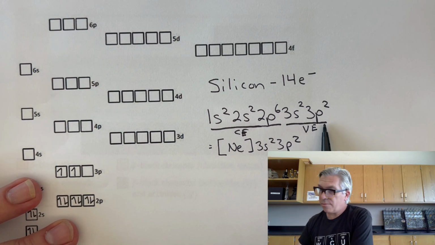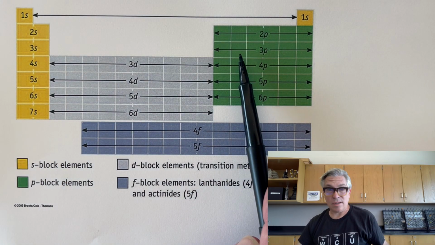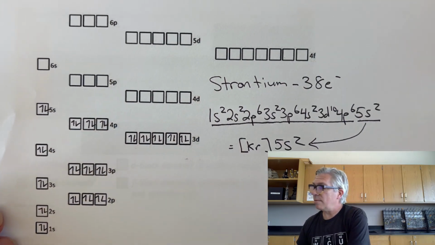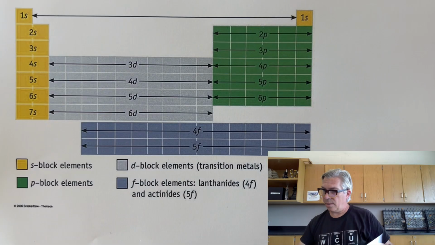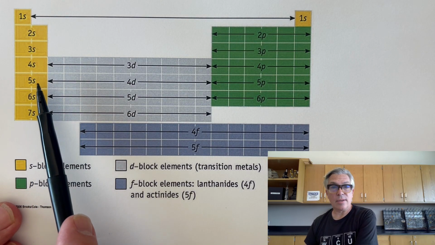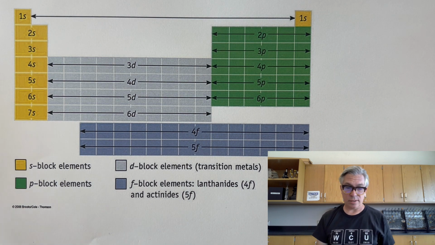Silicon ends in 3p2. So it lives in the third row, P block, second column. I could do this all day. Finally, strontium ends in 5s2. So it's in the fifth row, S block, second column. That's where it lives on the periodic table. So the periodic table looks the way it does because of electrons.